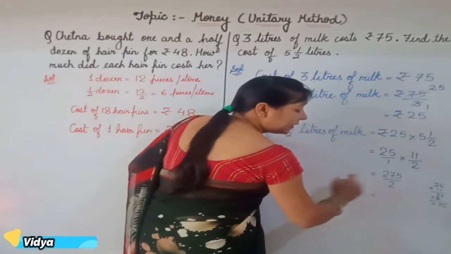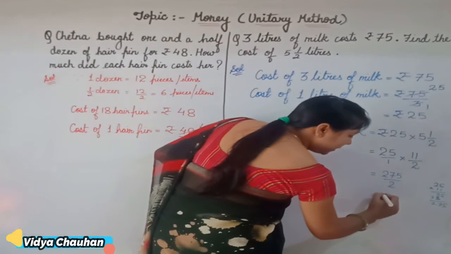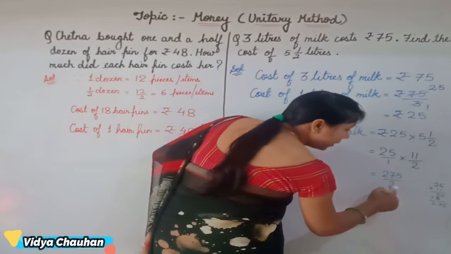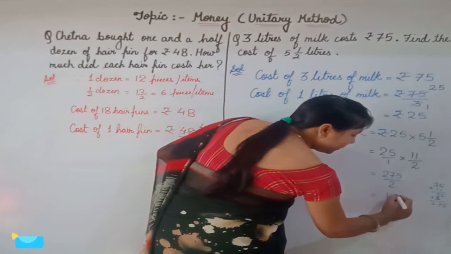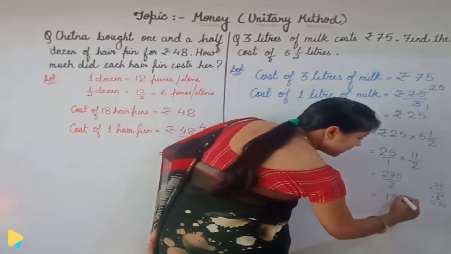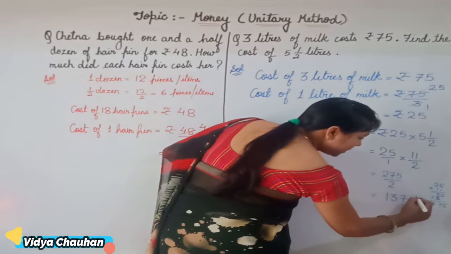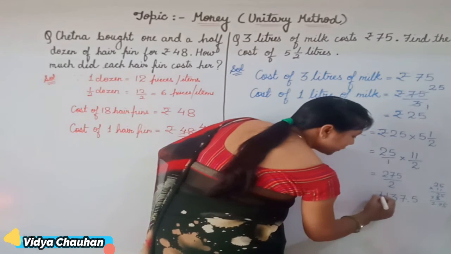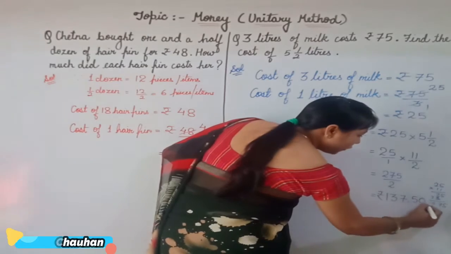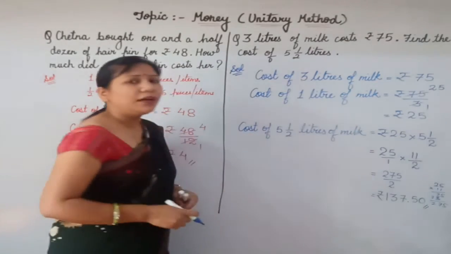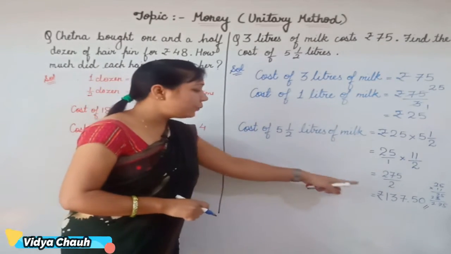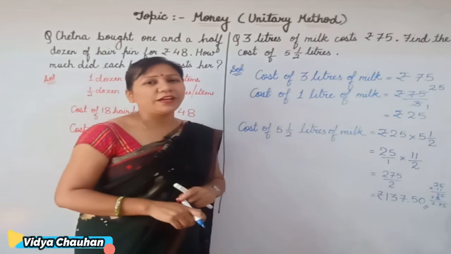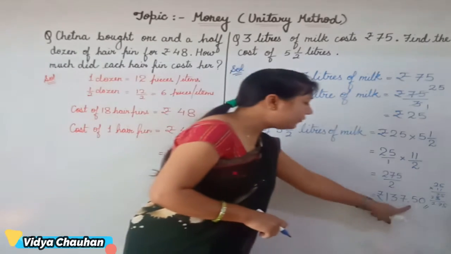Let us divide the term now. When you divide, you get 2 ones are 2, 2 threes are 6, 2 sevens are 14, and 137.5. So that is the cost of 5.5 liters of milk, which is rupees 137.50. Why have I put 50?